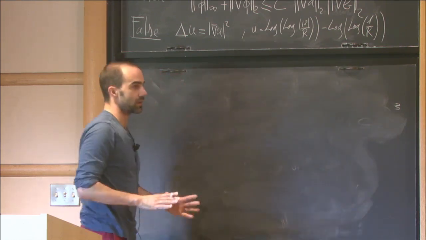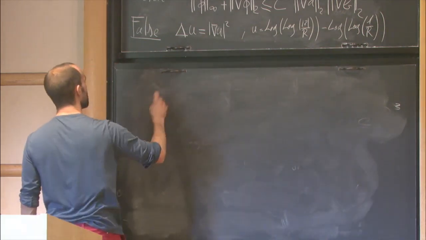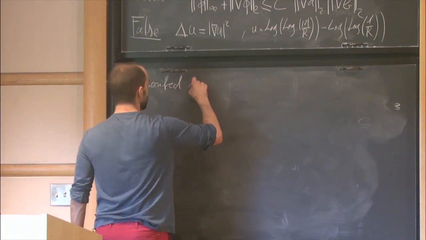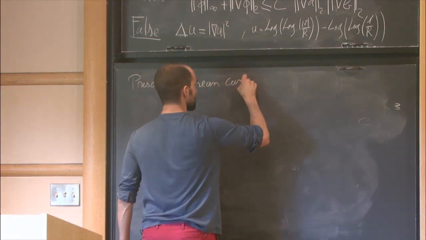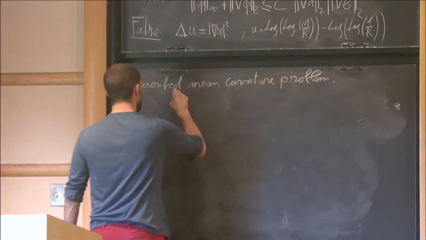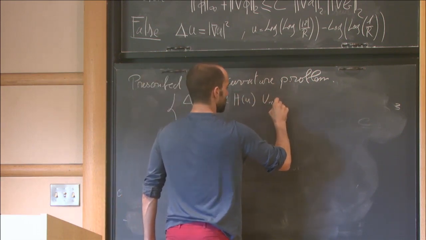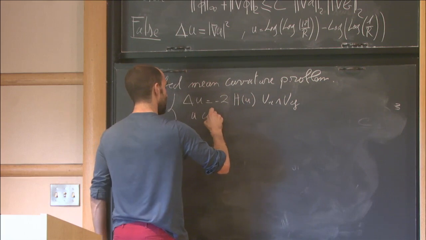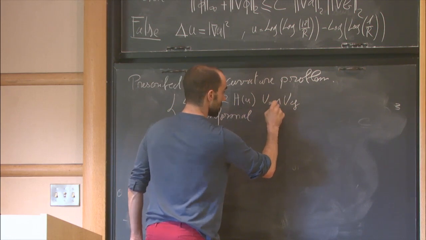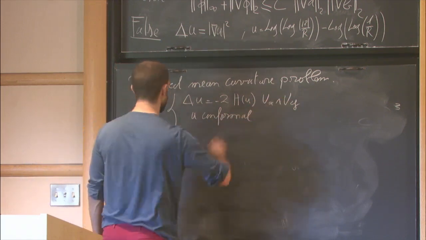We don't know exactly which functions we can prescribe as mean curvature. The equation is Laplace u equals -2 H(u) u_x wedge u_y, with u conformal. I would like to make you note that here we lost the structure because we have this H(u). If H is constant, it's okay, but otherwise you can't put it in divergence form.